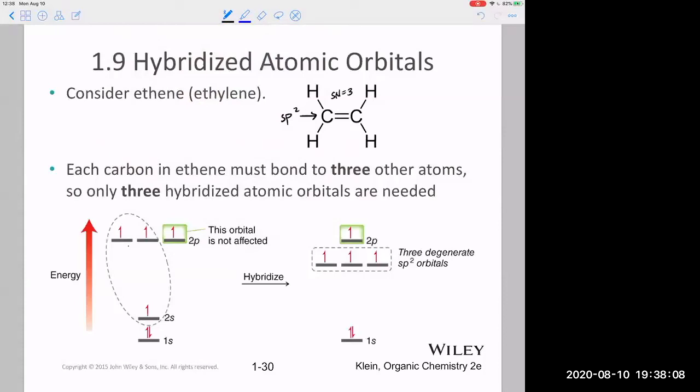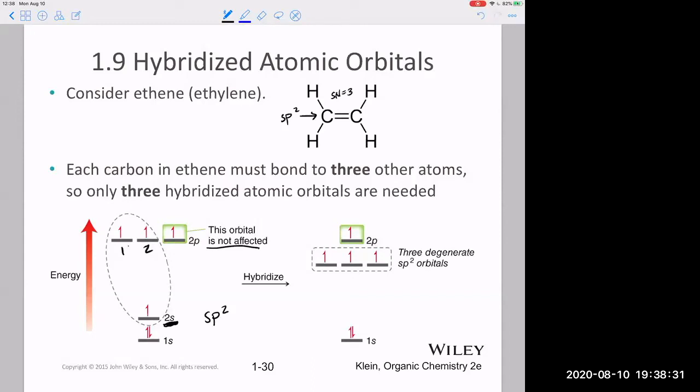Right, so now what does it mean to be an sp2 orbital similar to an sp3 orbital? You're going to have your s orbital in the valence shell mixing this time with only 1, 2 of your p lobes. So notice this one over here is not affected, right? So again, this is sp2, my s mixing with 1, 2 of the p orbitals.